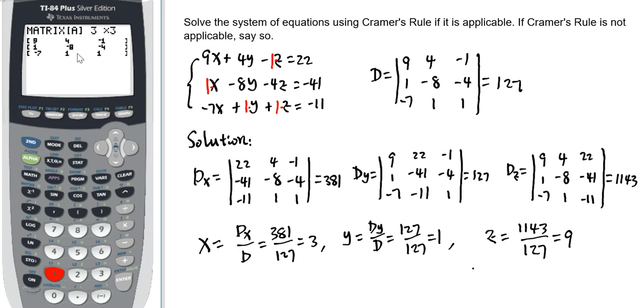If here is 1, here is 1, you hit 3, then enter. Then move the cursor here, hit another 3, enter. You will get a 3 by 3 matrix. And then input 9, 4, negative 1 inside here.